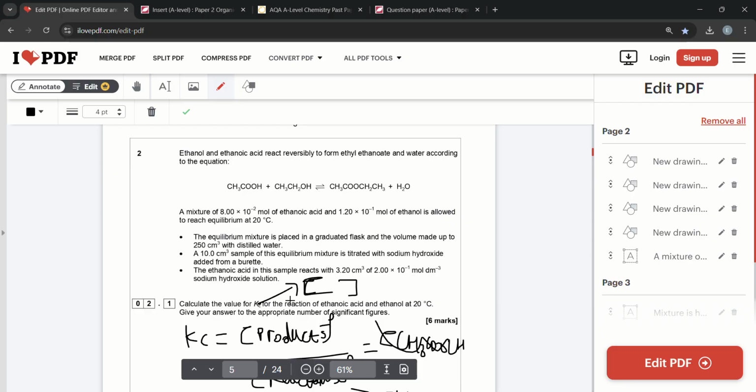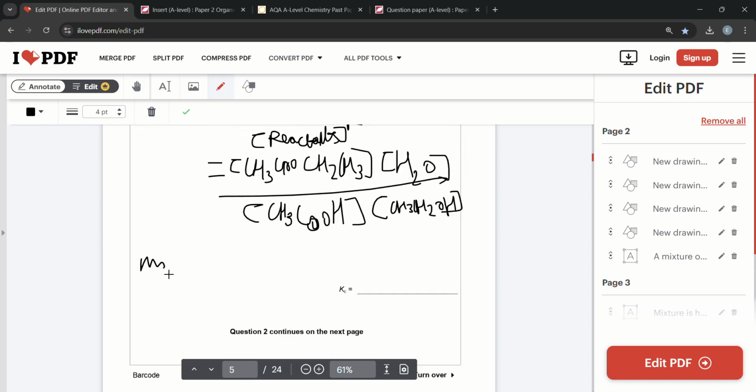We're given the initial moles of ethanoic acid and initial moles of ethanol, allowed to reach equilibrium, and then we know that ethanoic acid reacts with sodium hydroxide. First things first, we're going to find the moles of acid at equilibrium.